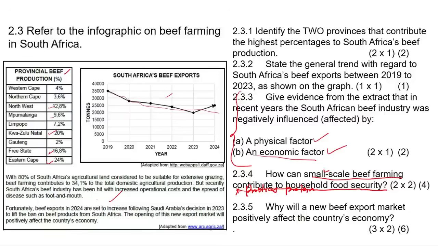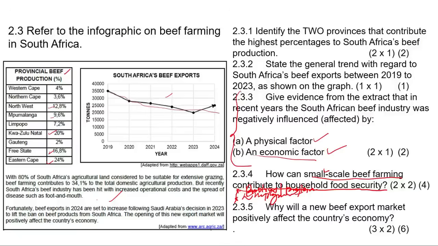We said, what is food security? Food security is when everybody has got access to nutritious food. So beef farming is going to ensure that households have food that is high in nutrition, that has high protein. Number two, beef farming is going to ensure that there is employment.